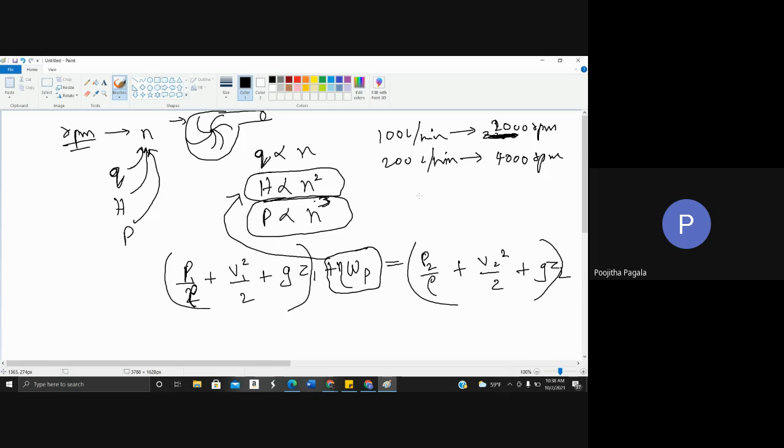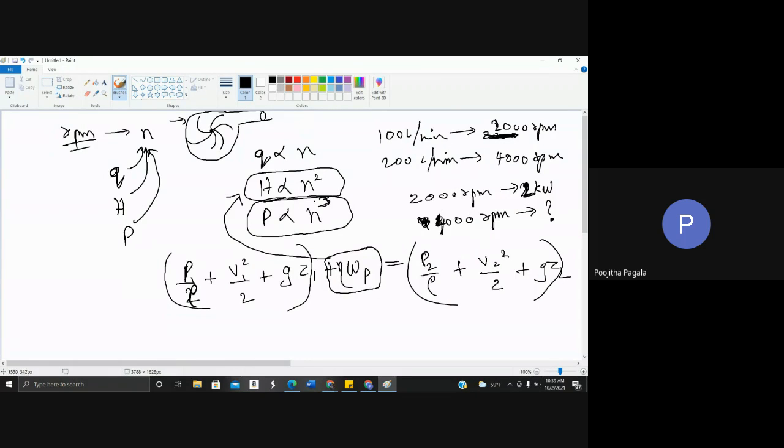For example, if you're operating at 2000 RPM and the power consumption is, let us say, 1 kilowatt or 2 kilowatt, and you increase the RPM to 4000 RPM, how many kilowatts of power would be consumed?